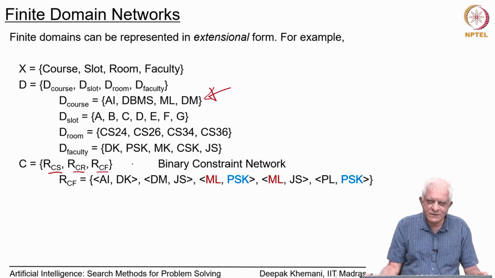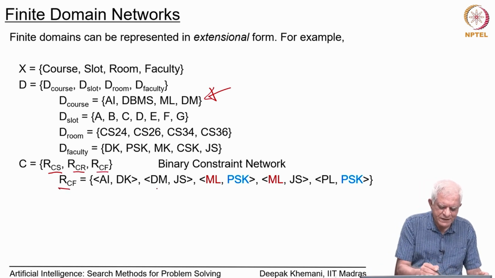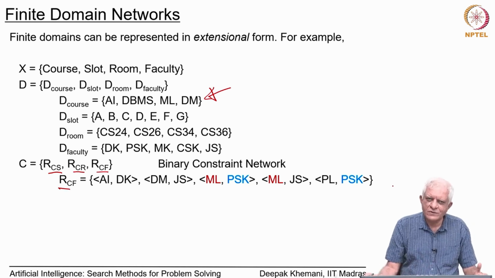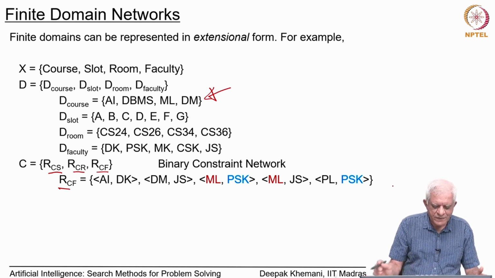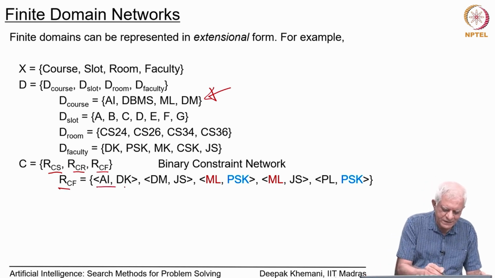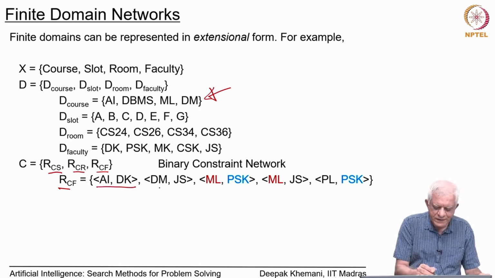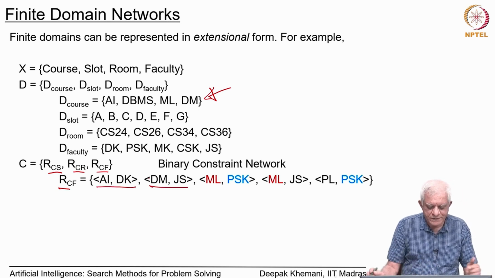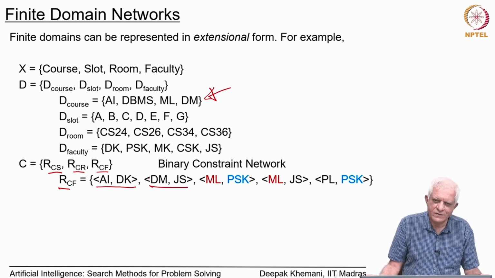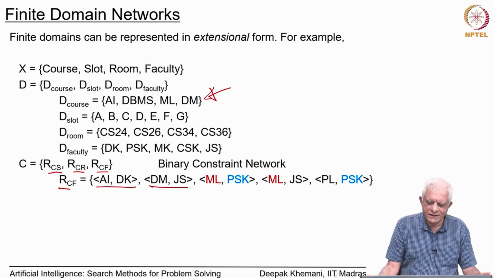So, if you look at the relation between courses and faculty, then it basically lists out who can do what course. So, for example, here I have said that DK can do AI and JS can do discrete maths, if you want to call DM discrete maths, or it could be data mining otherwise. Anyway, you have to be careful that you name courses uniquely and so on.